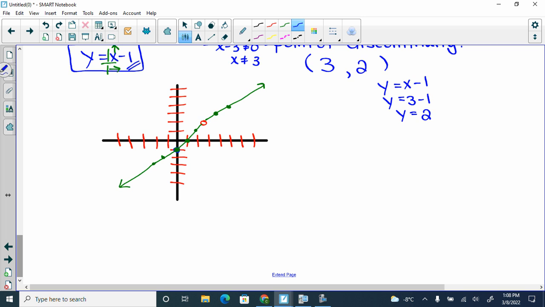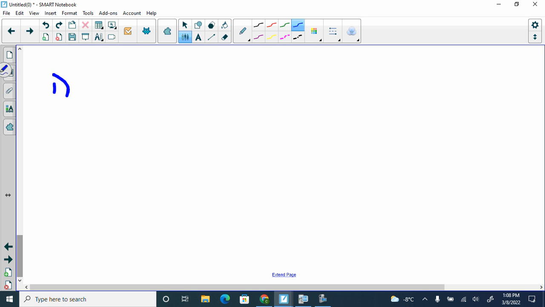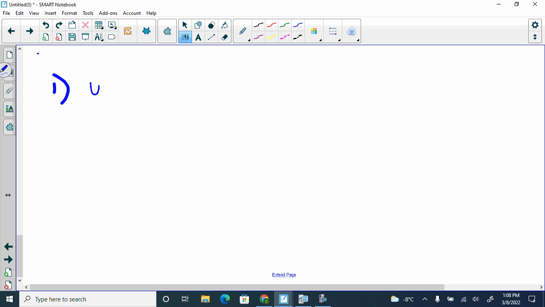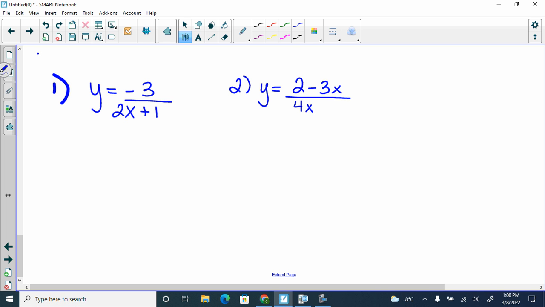Okay, so here's your examples. Example 1: y equals negative 3 over 2x plus 1. That's a scary situation. 2: y equals 2 minus 3x over 4x plus 3.